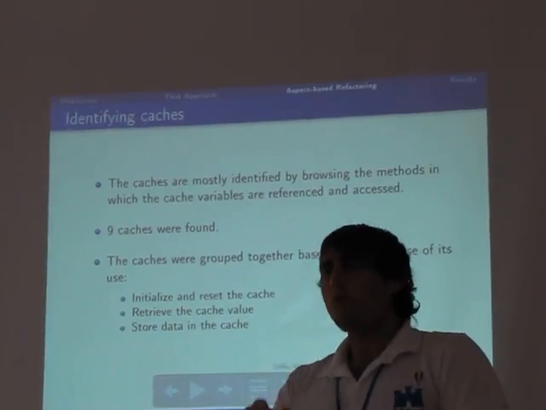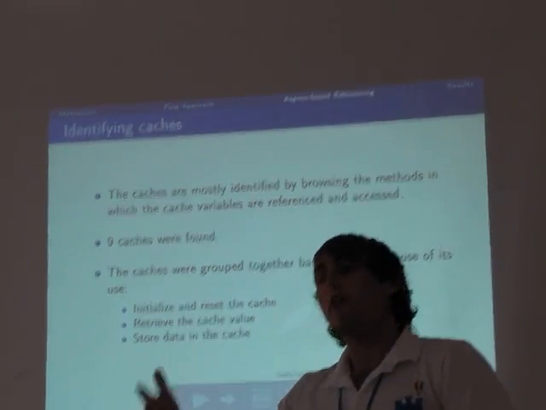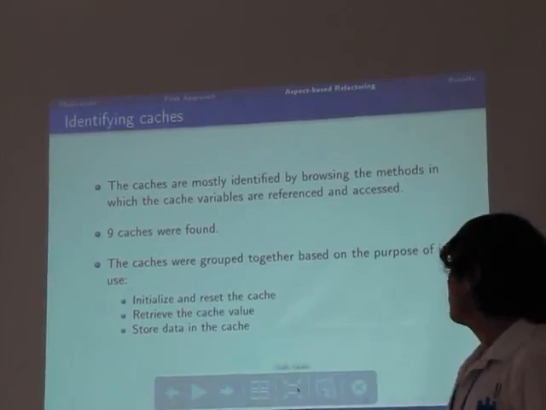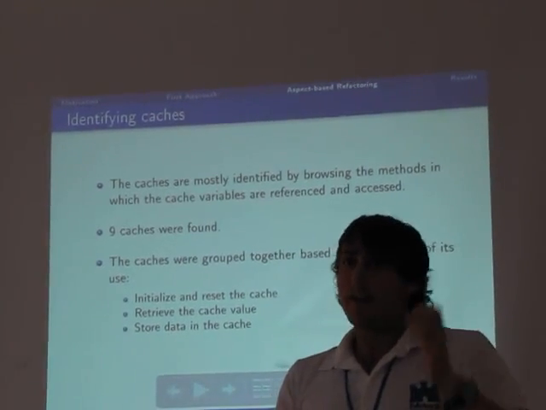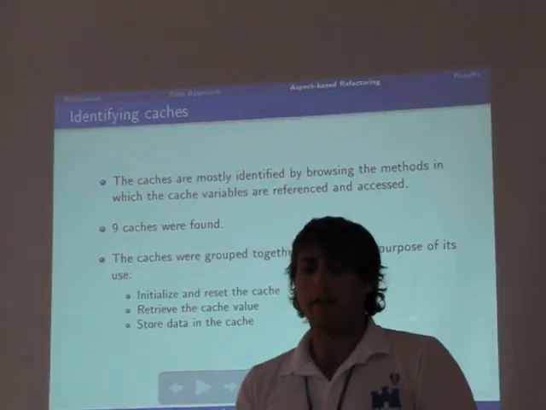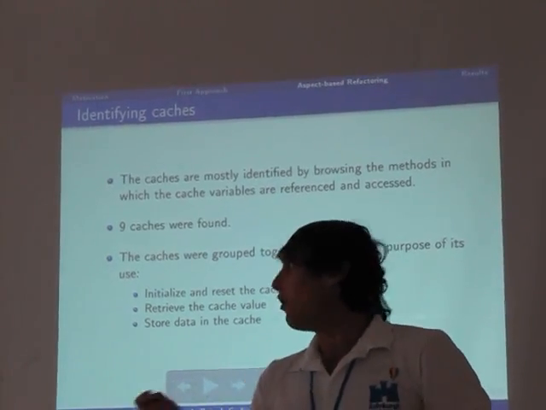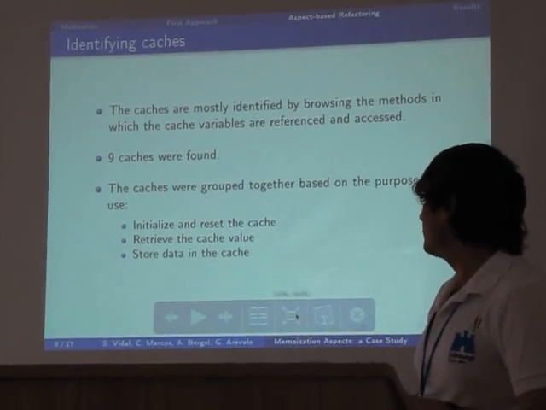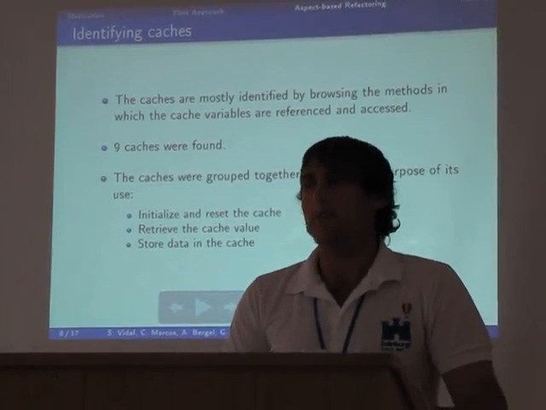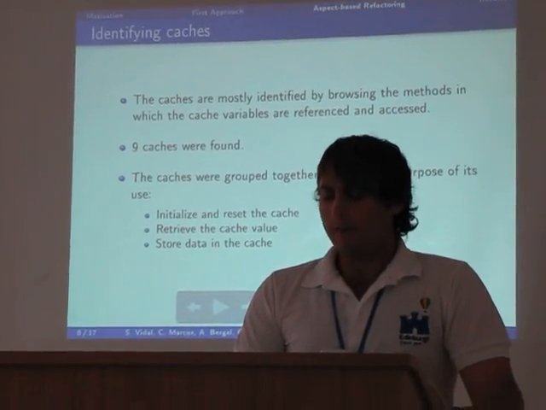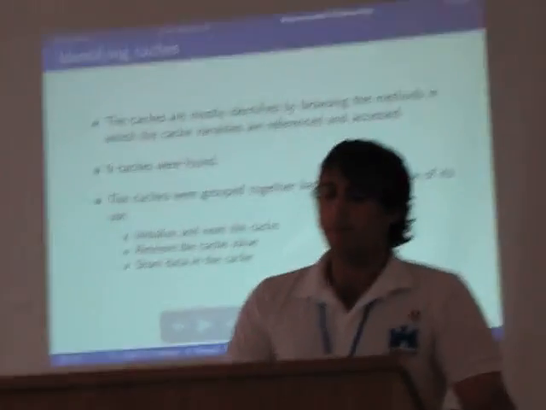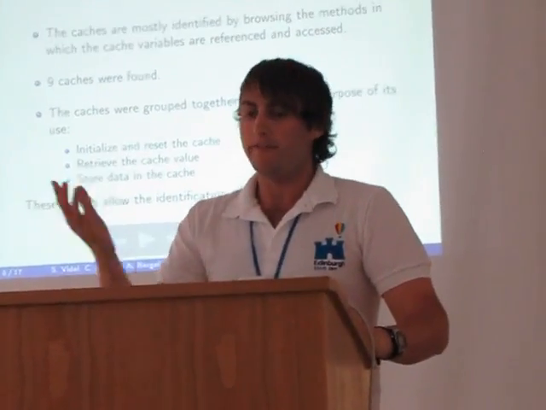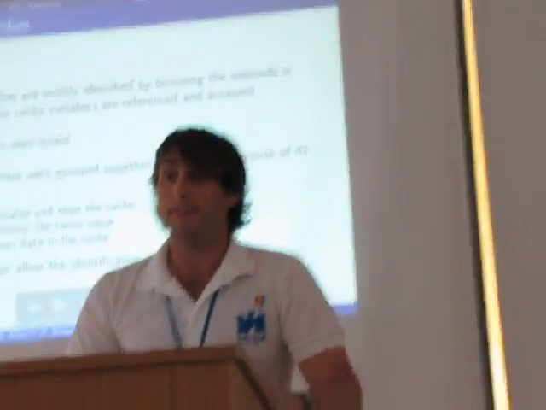And we grouped all the fragments of code in which a cache was used based on the purpose of its use. Some fragments of code initialize and reset the cache. Others are used to get the cache value, and others are used to set the cache value. And when we identified the groups, we also identified some code patterns in the way that these fragments of code are implemented.